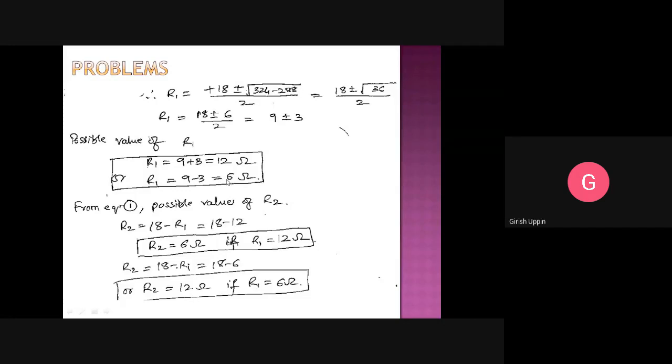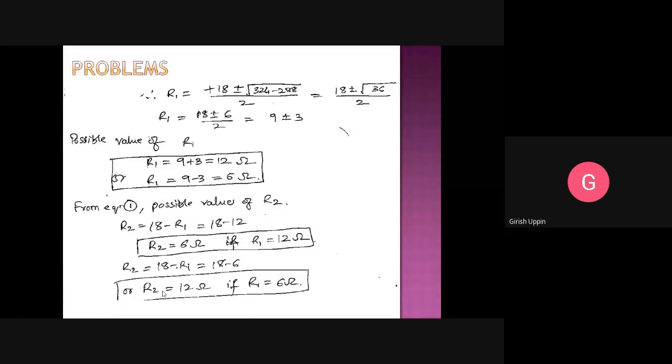So when we get one of the values as negative, then we will discard it. But here both the values are positive and both are valid. So only the way you say it will change. You will say, if you choose R1 as 12 ohm, R2 will become 6 ohm. If I choose R1 as 6 ohm, R2 will become 12 ohm.